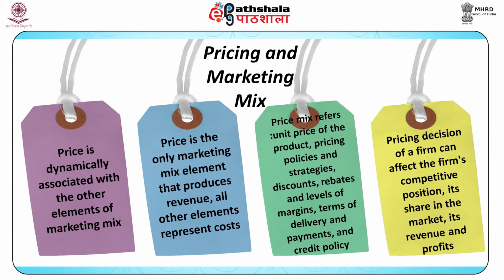Price is dynamically associated with the other elements of marketing mix. For example, pricing depends upon its features, branding and packaging. A product can fetch a relatively high price if it entails high quality and is accompanied with increased services and spends more on its promotion and distribution.